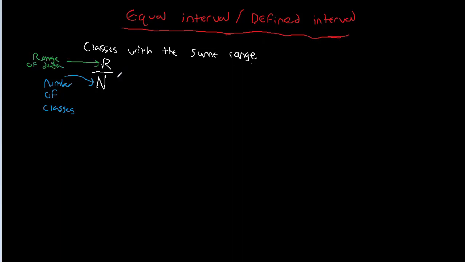Put another way, you're going to have the max value minus the min value, over the number of classes, and this gives you the range per class.